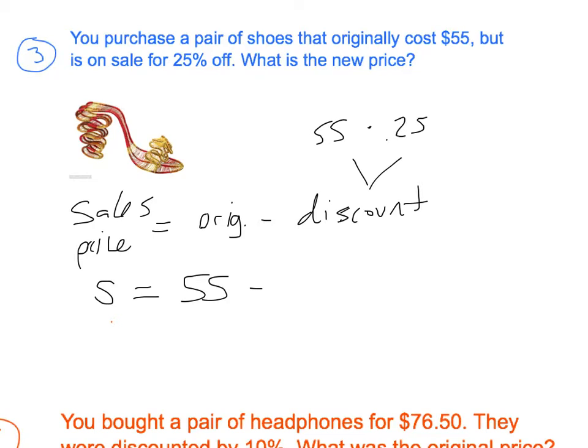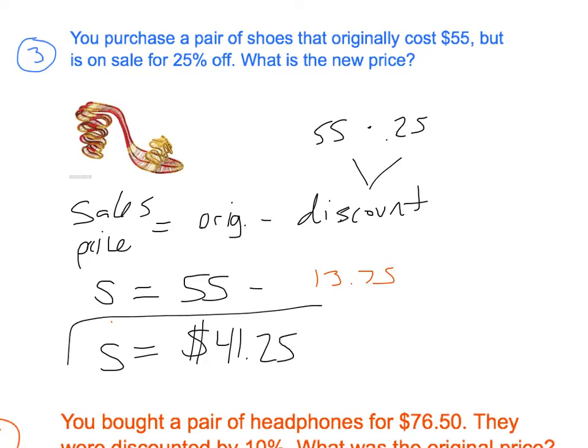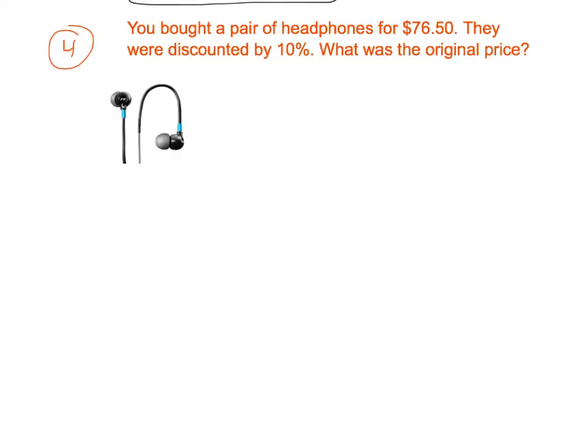Okay, so 55 times 0.25 ends up getting you $13.75. So if you take 55 minus 13.75, you're going to find your sales price, which is going to be $41.25. There you go.